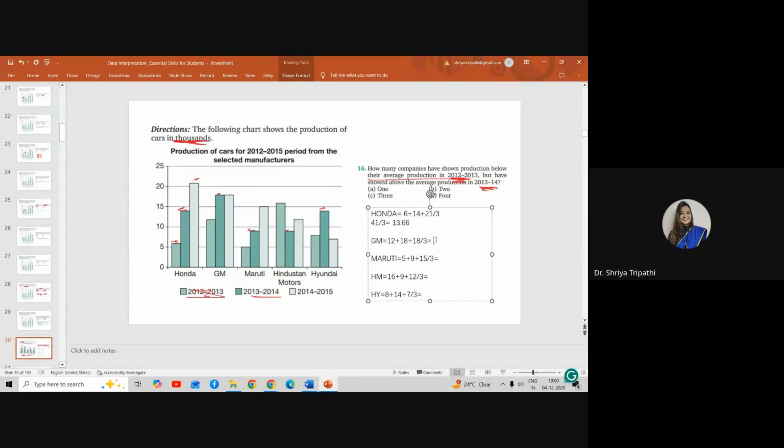What's the average coming for General Motors? 16. Yes, ma'am. 16. Good. Maruti, 9.666. Good. Hindustan Motor, 16 plus 9 plus 12, divide by 3.